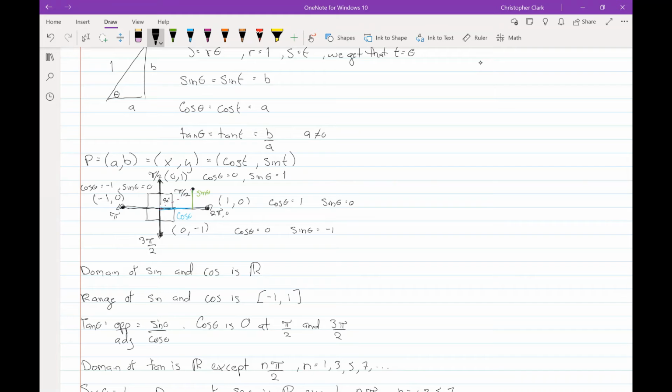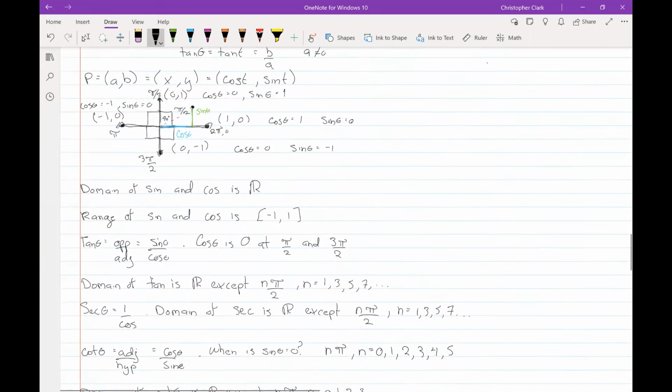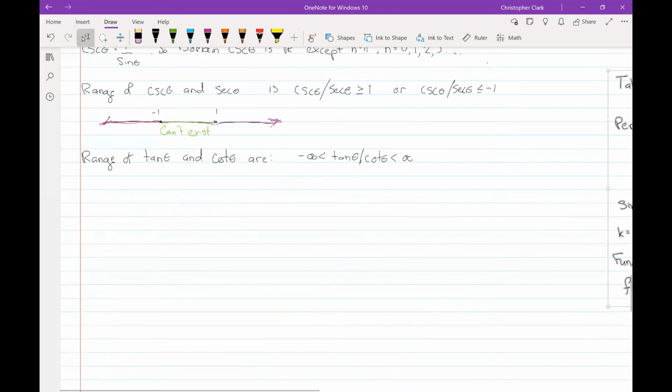Similarly, if you jump over to theta equals pi, you've got your cosine is -1 and your sine is 0, so you get 0 again. The idea being that because the top of this fraction can vary, you can end up getting numbers between -1 and 1.